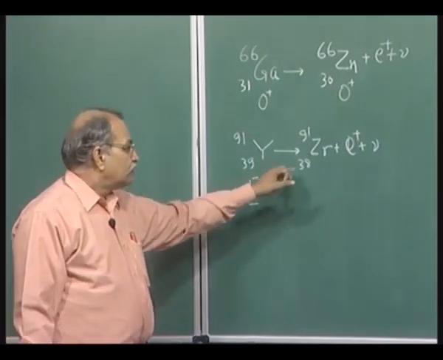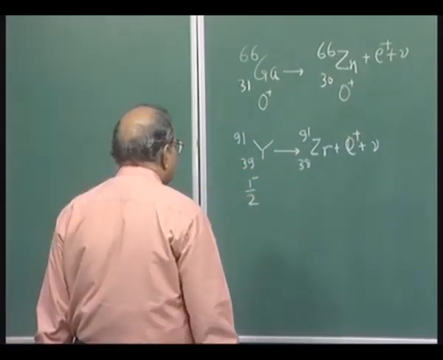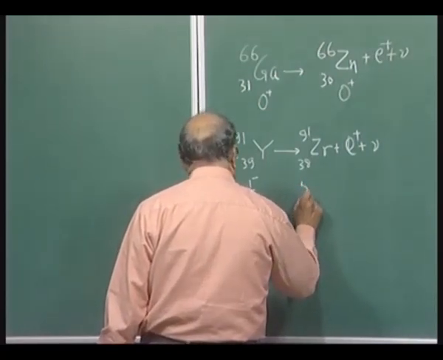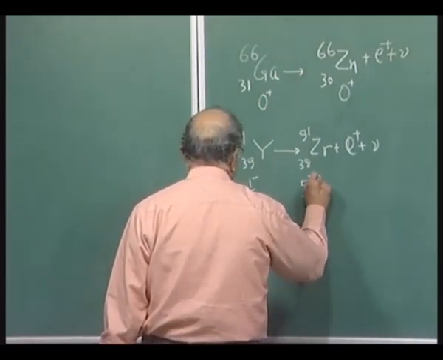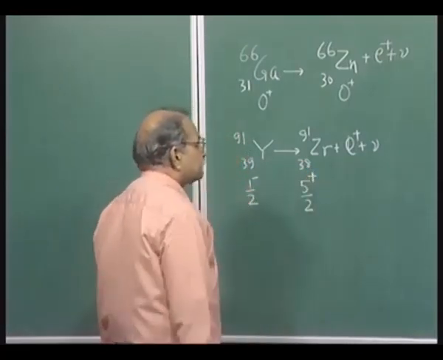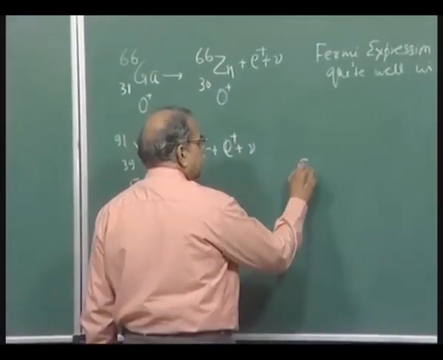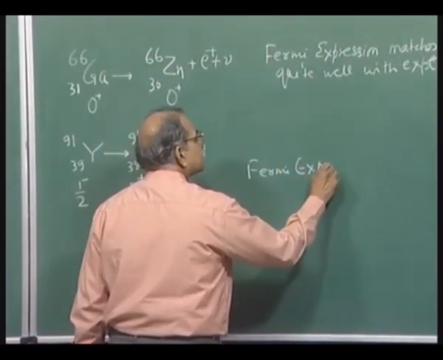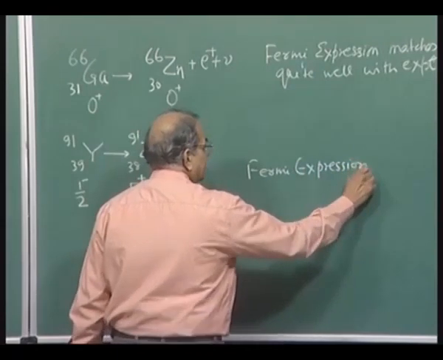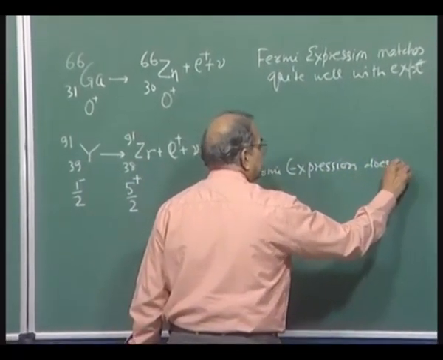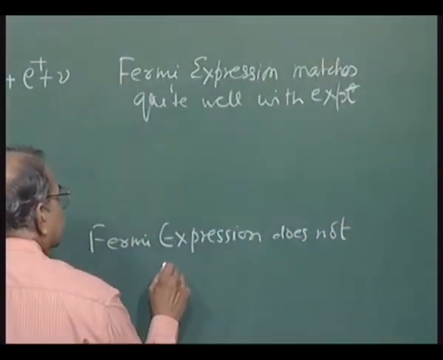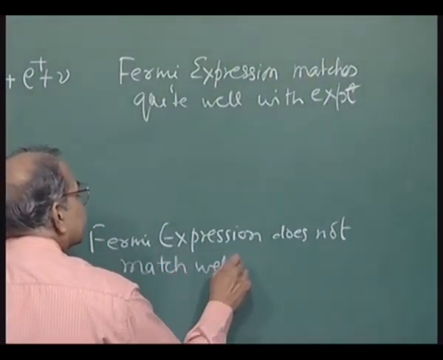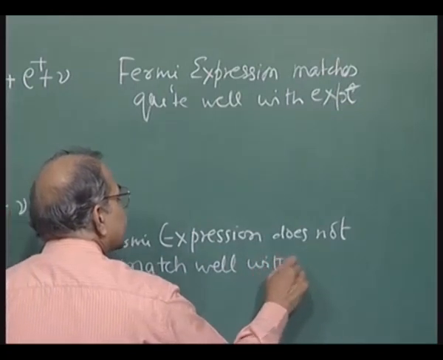Whereas, if we go for this daughter nucleus zirconium 91, here the spin is 5/2 and parity is positive, and here Fermi expression does not match well with experiments.